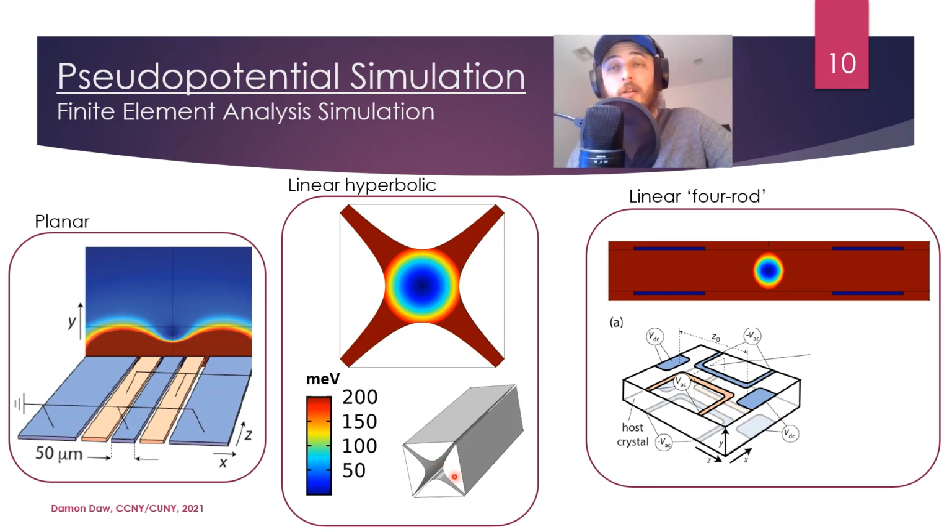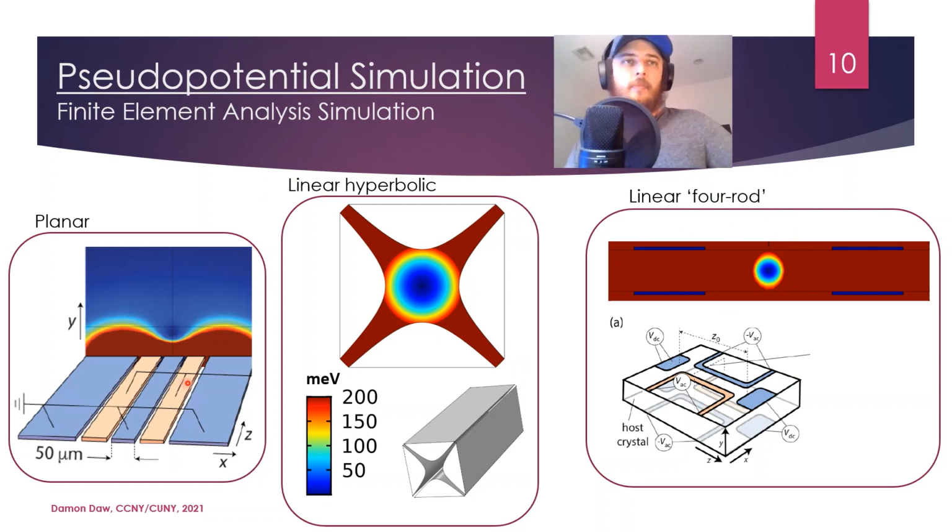It's hard to machine stuff into curves like this. So a more convenient configuration we found is a variant on the so-called 4-rod trap. These blue rectangles here are the microwave and ground electrodes, and they would sit on the surface of a crystal in a configuration sort of like this.